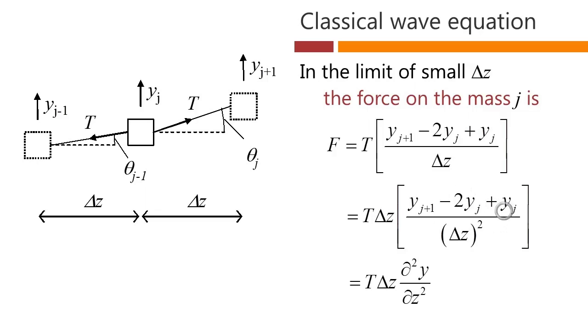And this here, we recognize that in the limit of small delta z, this is just the second spatial derivative. That's the formula for the second spatial derivative when we take delta z down towards 0. So this net force upwards on the mass is the tension times the delta z here, which we'll keep there for the moment, times the second derivative of the vertical position as a function of horizontal position.